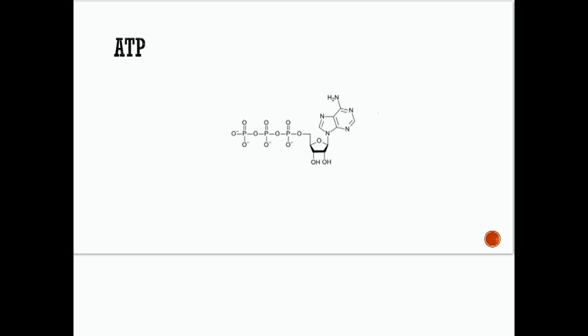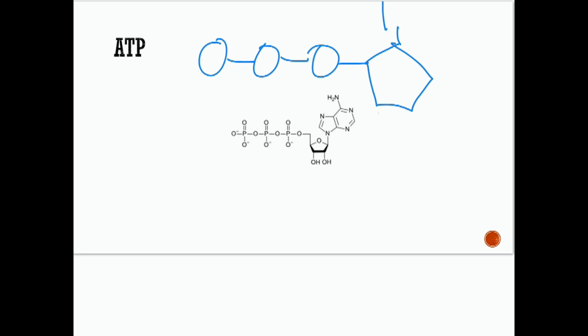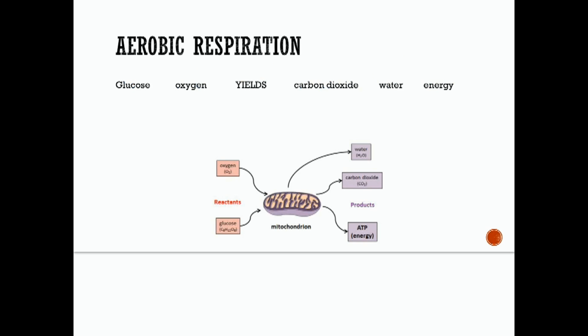So if I wanted to draw maybe a simpler version of this ATP, you would have your 3 phosphate groups, okay? And then you would have your ribose, and then you would have your adenine. Okay, so it's made up of the 3 phosphate groups, the ribose, and the adenine.